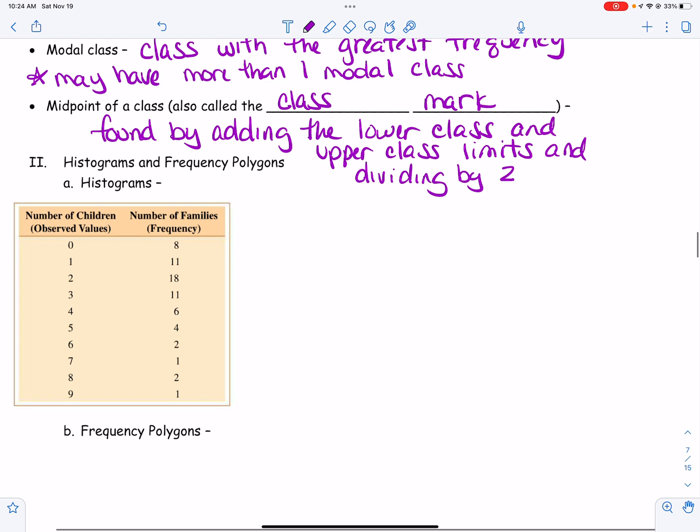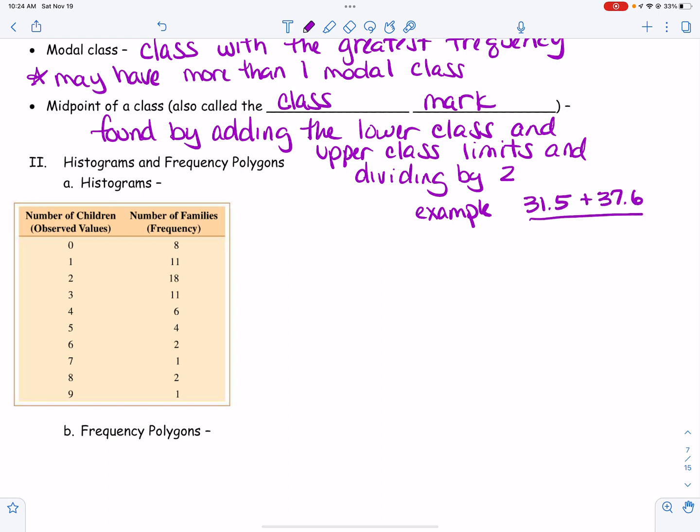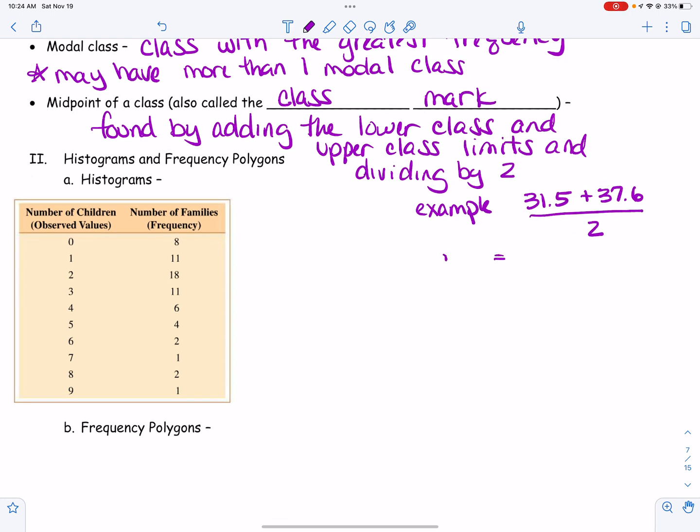So on the other page, just write example. If I was to find the class mark between 31.5 and 37.6, I would add those two together and divide by 2. And so the class mark would be 34.55.